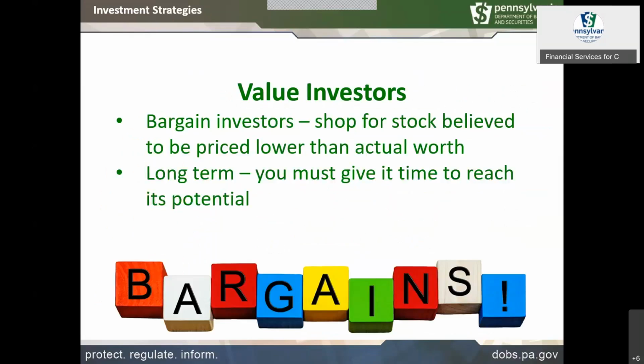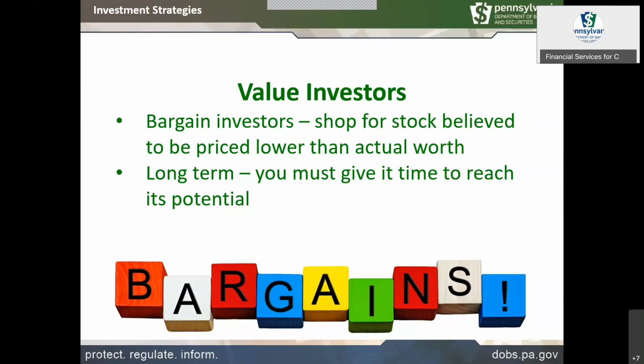So let's talk about value investors. Value investors are people who are shopping for a bargain. We all like to buy things on sale, right? So that's something that we want to look at for value investors. Bargain investors are actually shopping for stock that they believe is valued lower than the stock is actually worth.